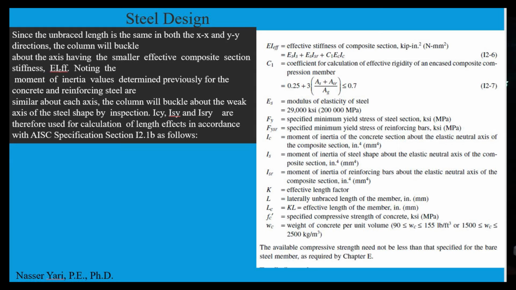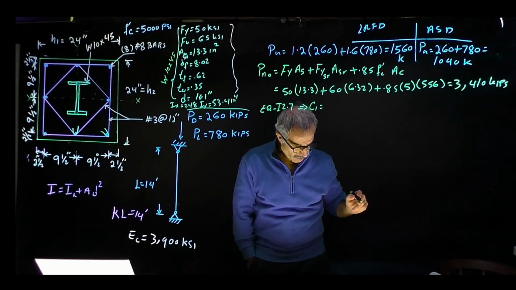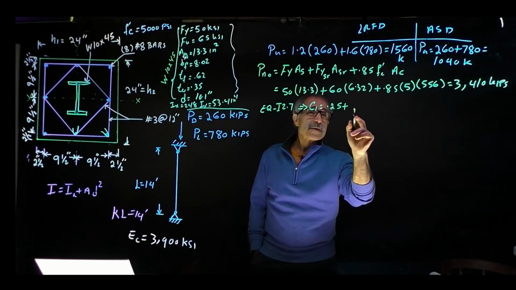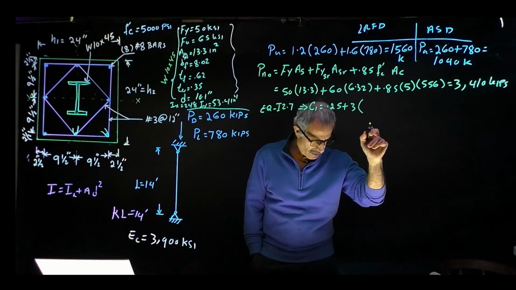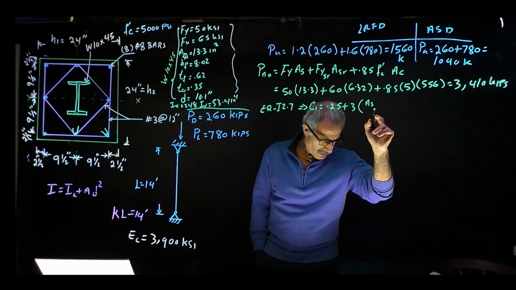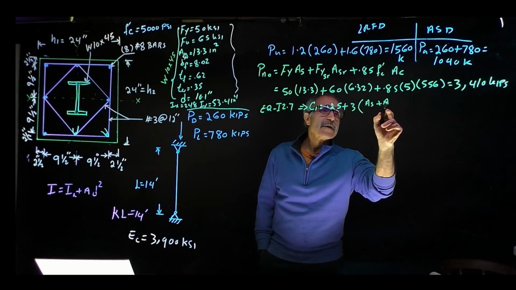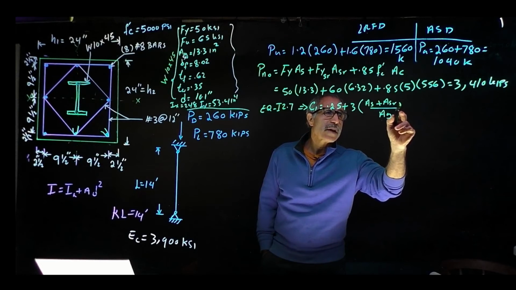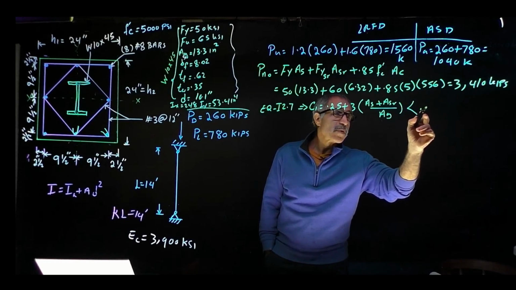So now we're going to move into equation I2-7, and that basically gives us C1 equal to 0.25 plus 3 times the area of the steel plus the area of the rebar, divided by the total cross-sectional area, and that should be less than or equal to 0.7.